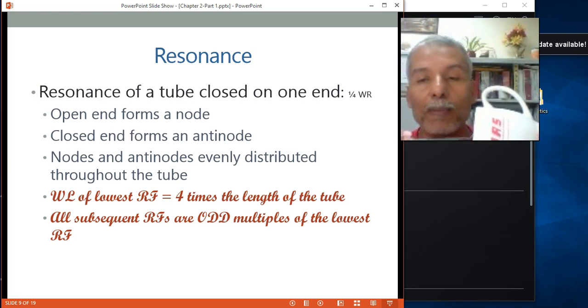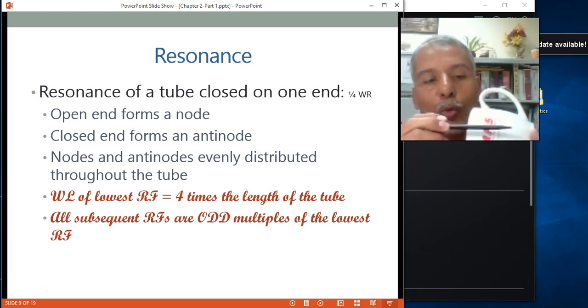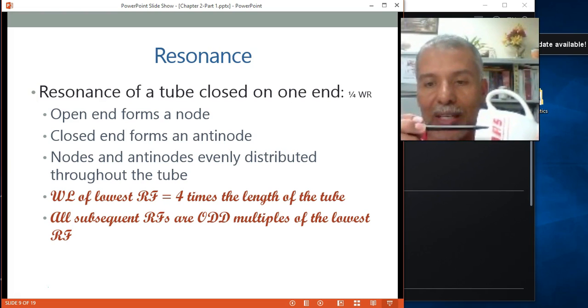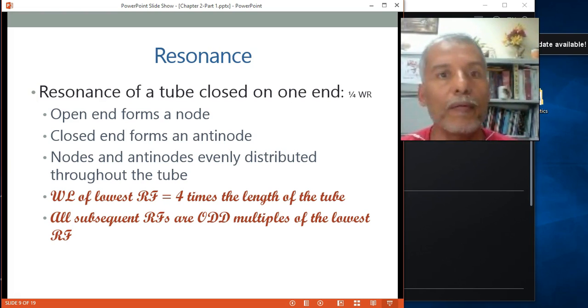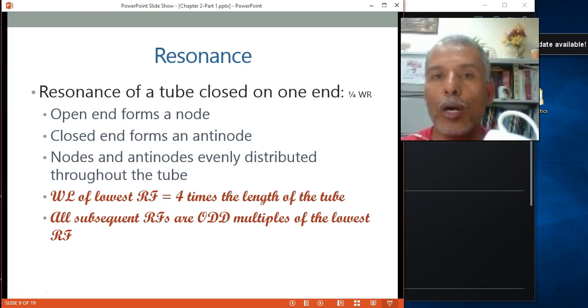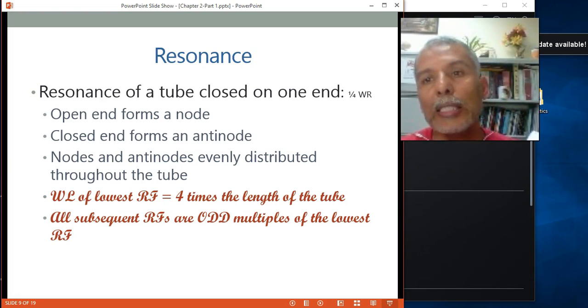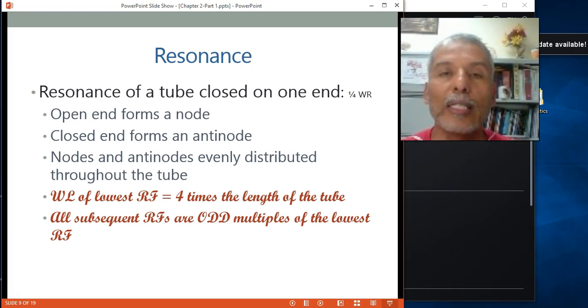So if 1/4 of my wave fits the first time into 4 inches, I can figure out the whole wave. A quarter is 4, so I have 4/4. 4 times 4 equals 16. So my wave is going to be 16 centimeters.